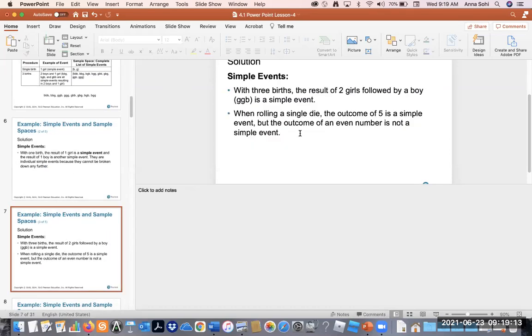Here. Okay. So you would say the sample space.